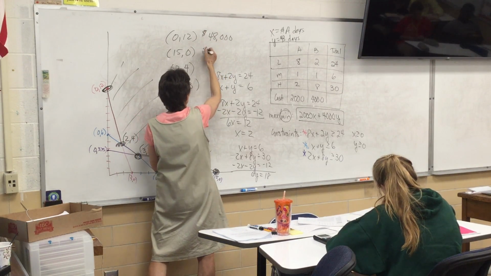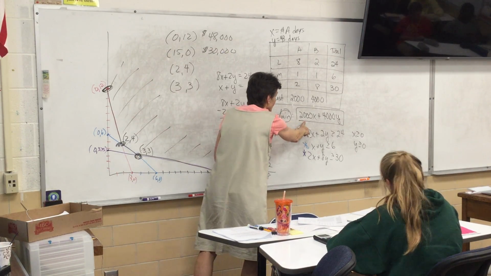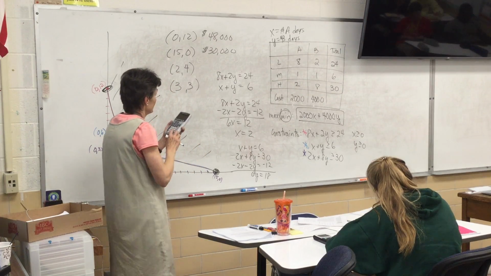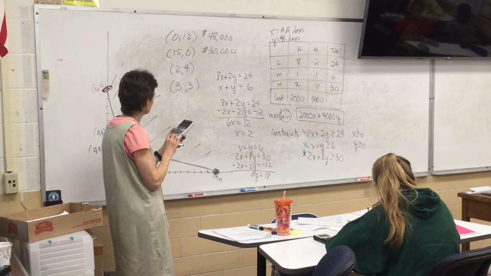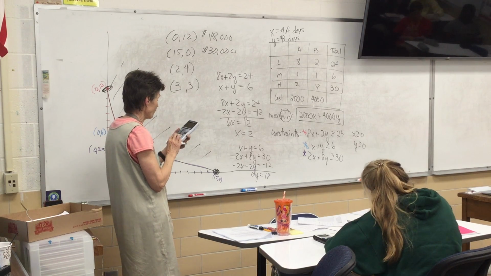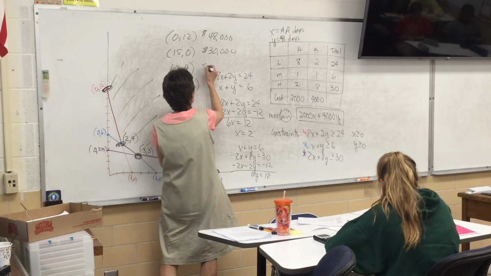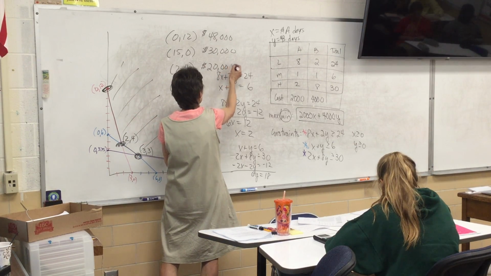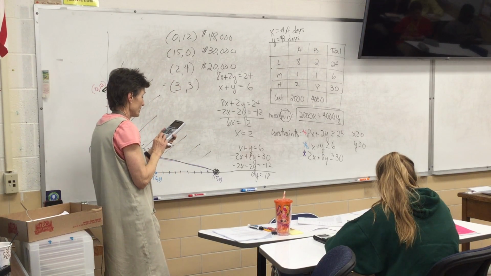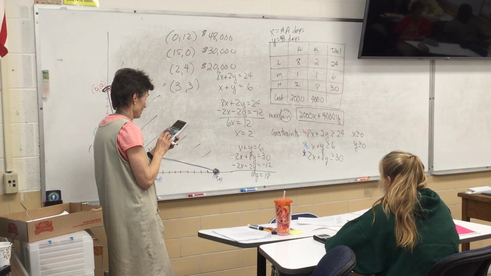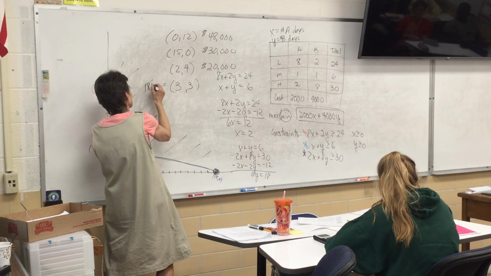This one's gonna be $30,000 because it's 15 times 2,000. Now this one will be 2,000 times 2 plus 4,000 times 4. So that's 20,000 if I did it right. And 2,000 times 3 plus 4,000 times 3, and this one's 18,000.